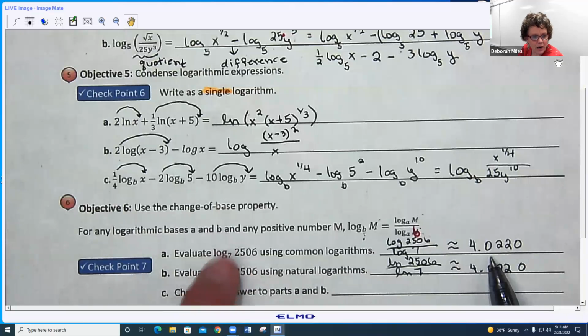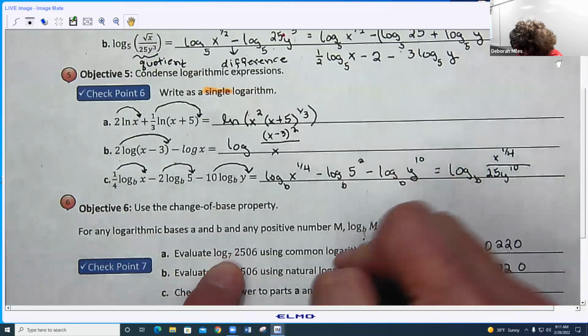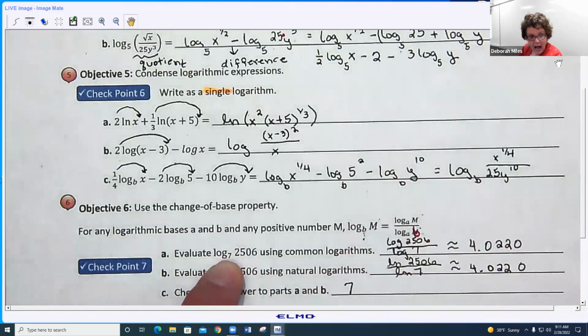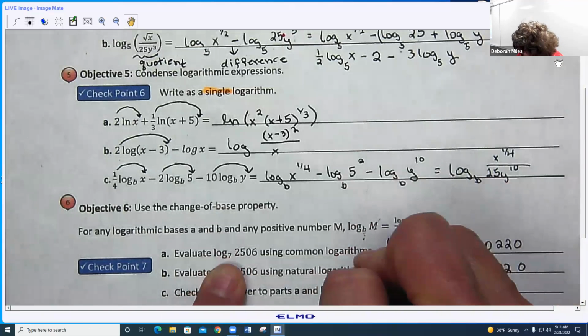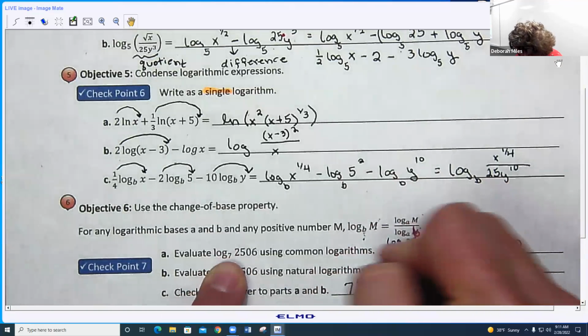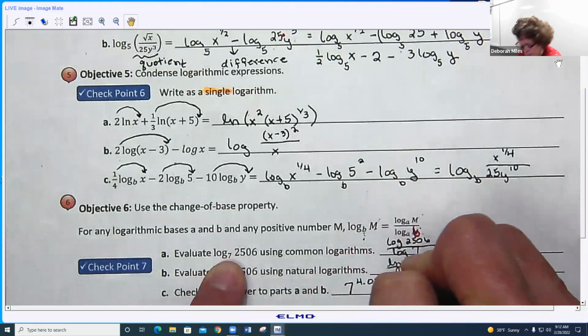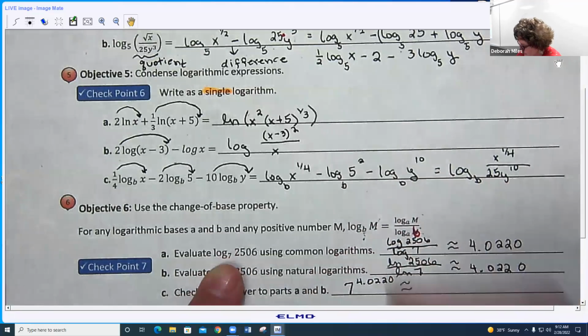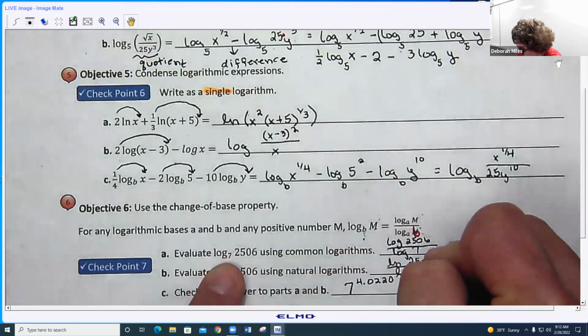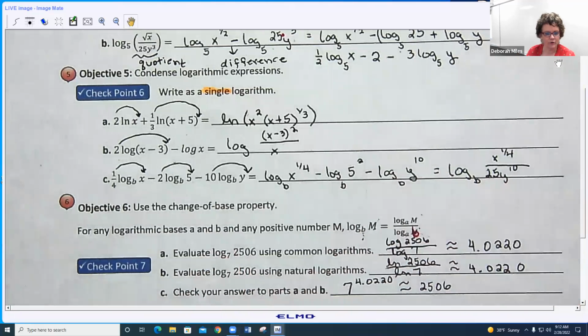No, this original problem. In exponential form, the base is 7. I'm saying the exponent is 4.0220. And if I punch that on my calculator, I better get something darn close to the 2,506. Do I? Do you?